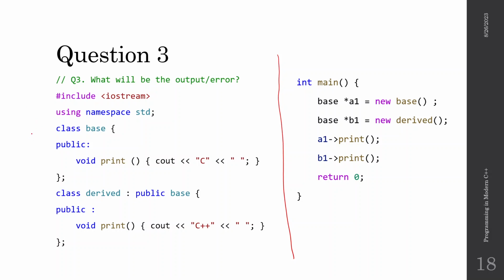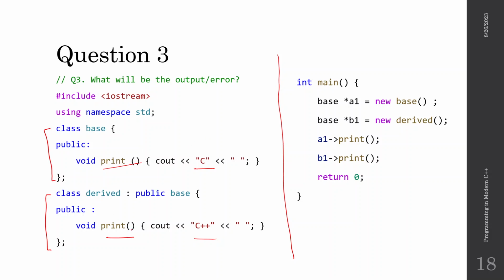In this question you can see that you have a base class with, in the public access specifier, a function called print, which prints C. Then you have a derived class which inherits from the base class, and you again have a function called print, which prints C++.